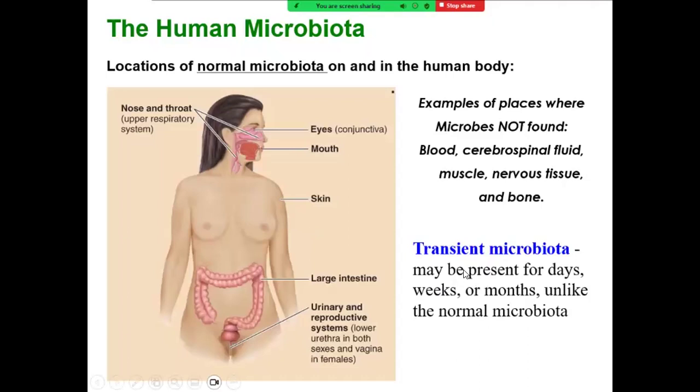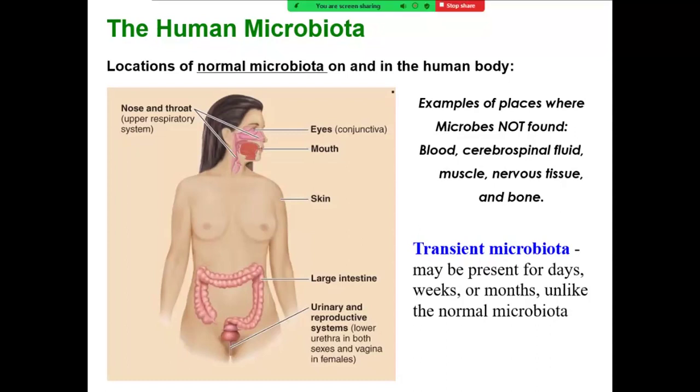And I was relieved, saying, whew, it was a transient microbe. It was on my skin for a short while after I hugged my aunt. I'm sure that's where I got it. And fortunately, my normal microbiota took over and threw off Staphylococcus aureus, and so I no longer had it.